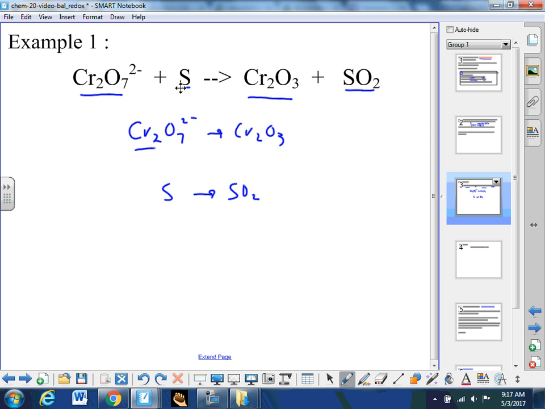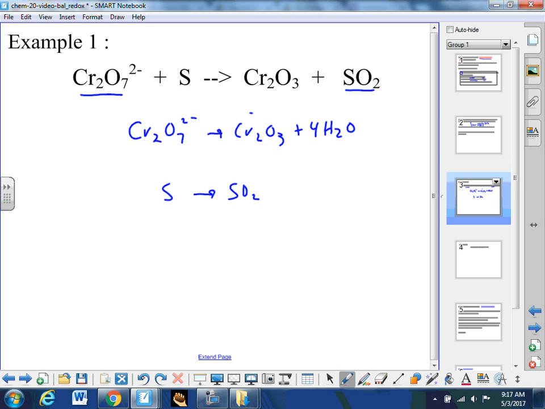Here we have two chromiums, so our non-oxygen, non-hydrogen elements balance. In terms of oxygen, this side has 7 oxygen atoms, this side has 3 oxygen atoms, and since the reactant side has 4 more than the product side, I must add 4 water molecules to the product side, so now I've got 7 oxygen atoms on both sides.